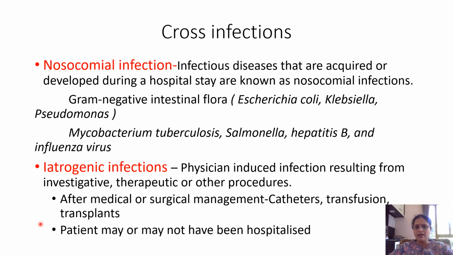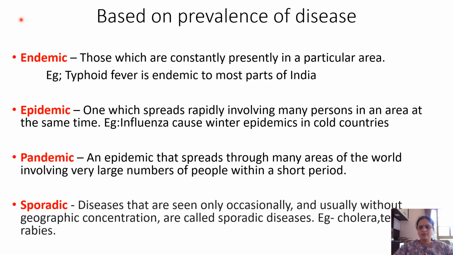So as I said, after any medical or surgical managements like catheters, transfusions or transplants, you might get such iatrogenic infections. So the last classification of infection I would like to highlight here is based on the prevalence of the disease in the society. Under that we have 4 very common terms used: endemic, epidemic, pandemic and sporadic.